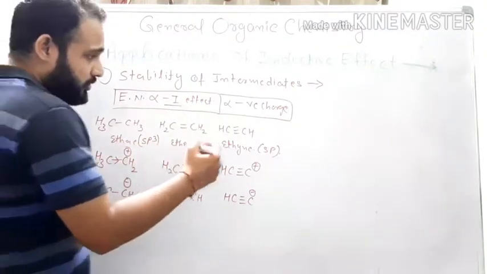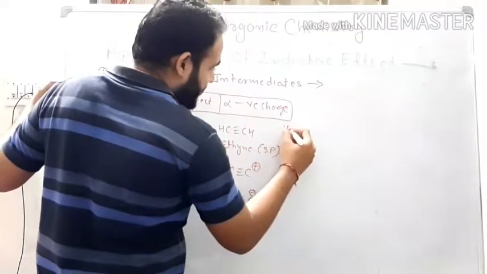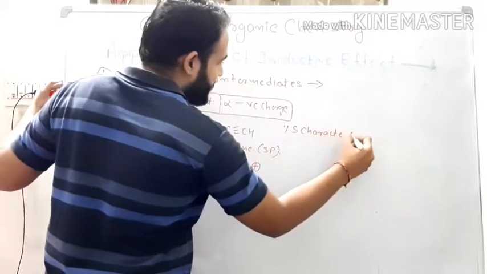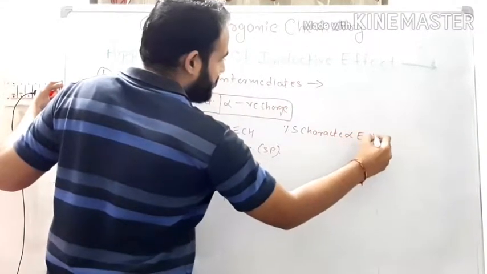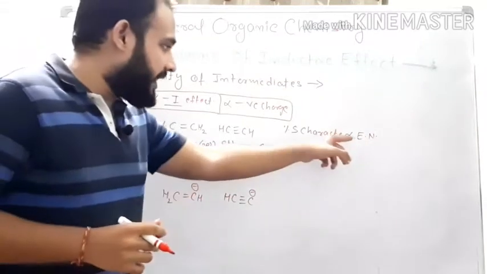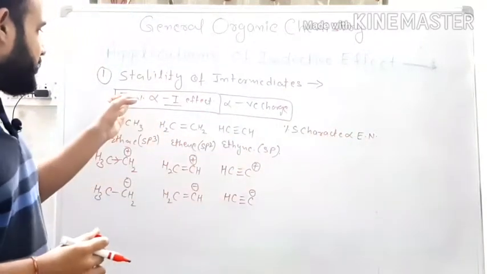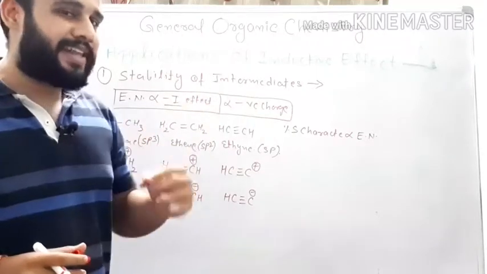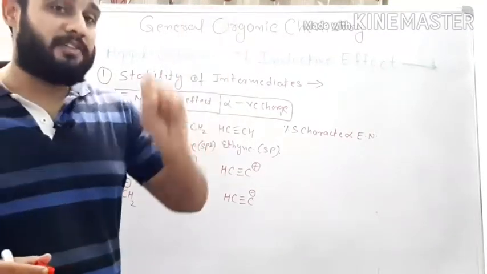Now friends, you know that percentage s character is directly proportional to electronegativity. So when percentage s character is high, electronegativity will also be high, and when electronegativity is high, it bears negative charge, and when it bears negative charge, it has a strong minus I effect.